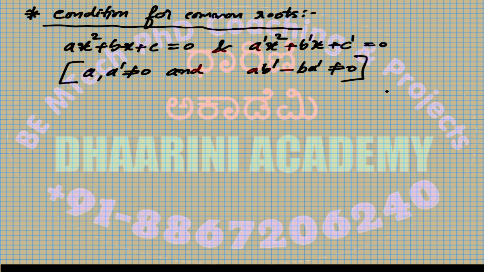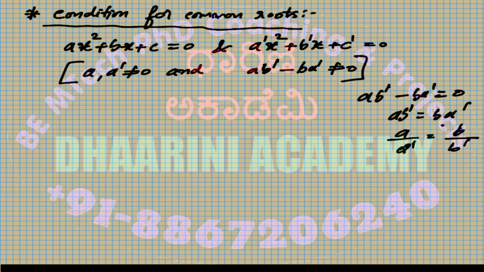Okay, so we'll understand this second condition now. A b dash minus b a dash equal to 0 means a b dash equal to b a dash, correct? A by a dash has the same ratio as b by b dash. This is not going to happen. So this is not equal. So this is the condition.